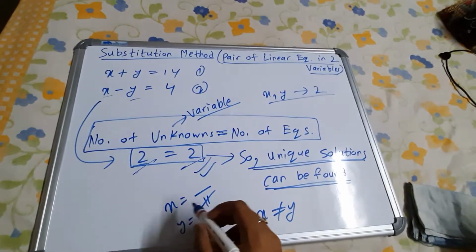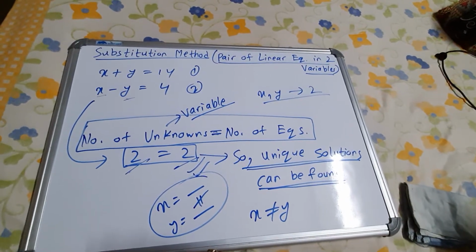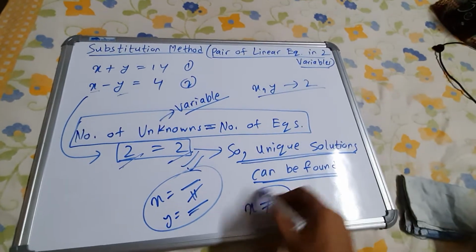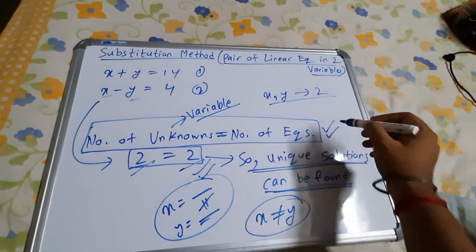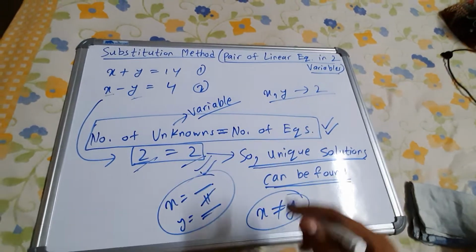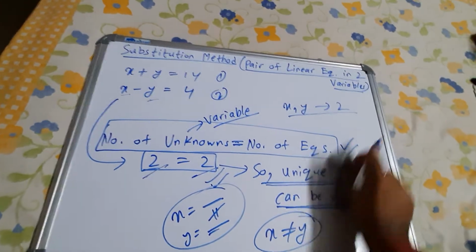No other value is possible for x and y. Only a single value will be assigned to both x and y, but they must not be equal. If and only if this condition is followed, that is, number of unknowns is equal to number of equations. Okay, done. Now we will see how to solve this type of equations.